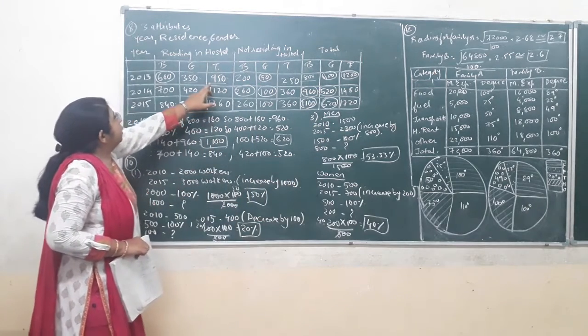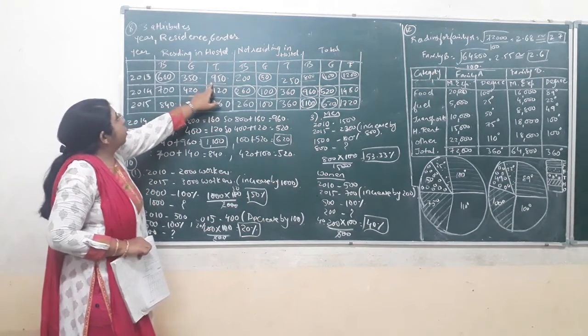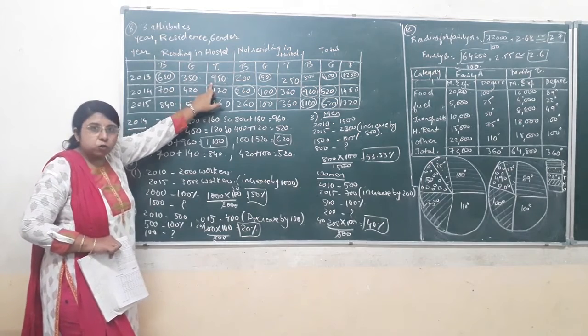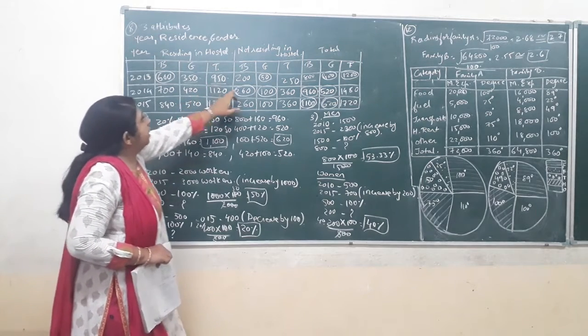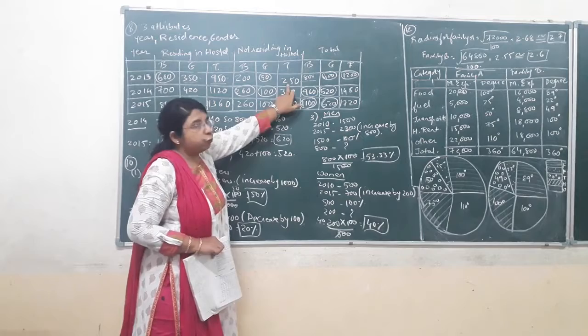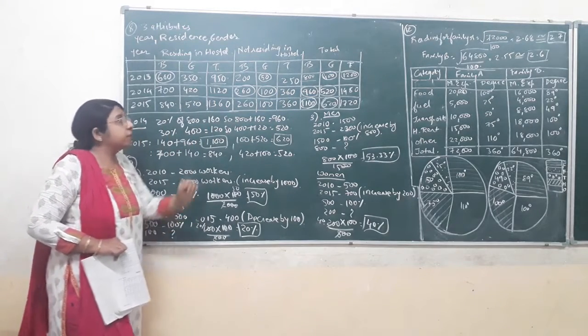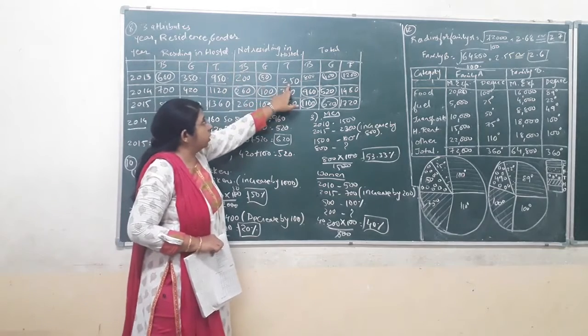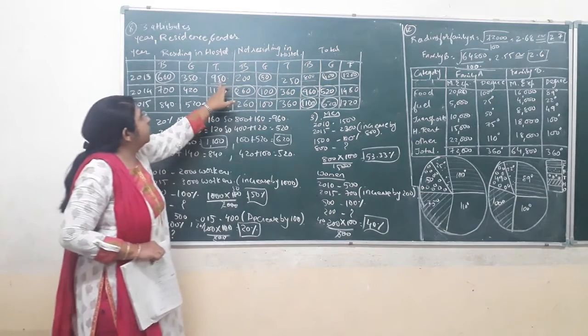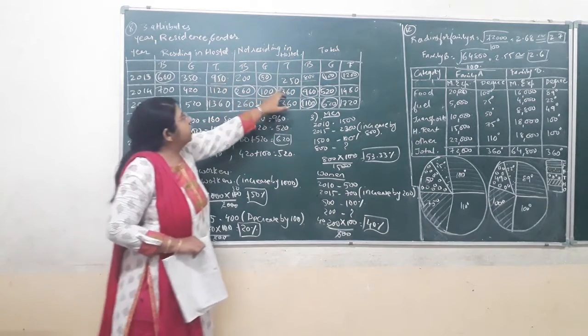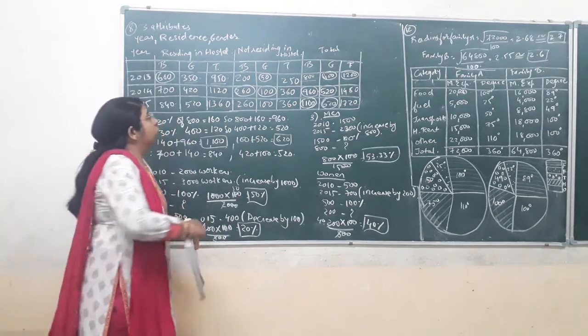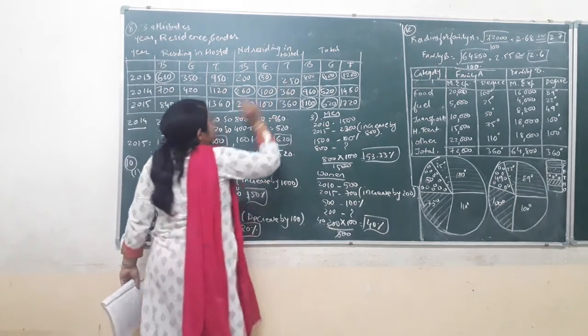From 1200, if you subtract the total number of students residing in hostel, that is 950, you will get 250. So we have found the total number of students not residing in hostel, that is 250.